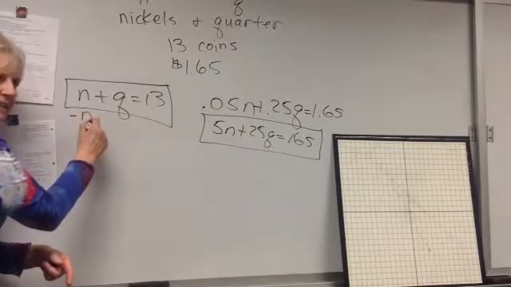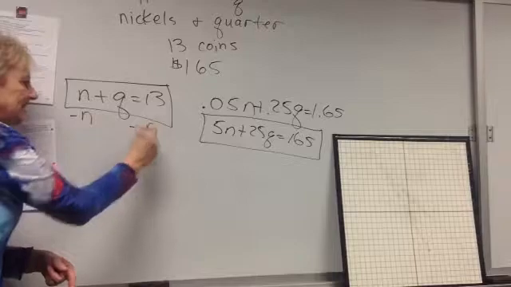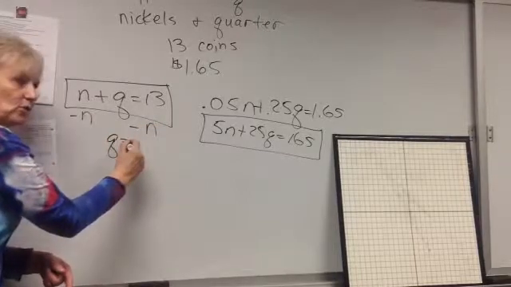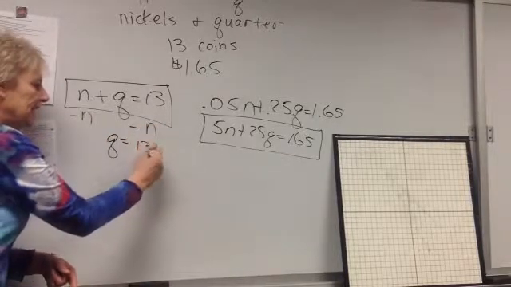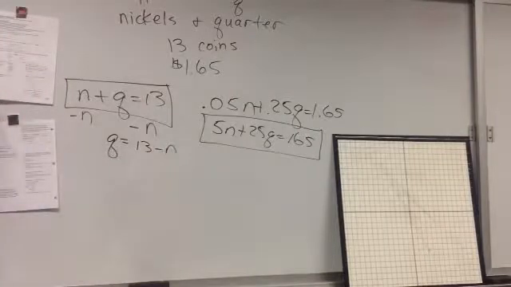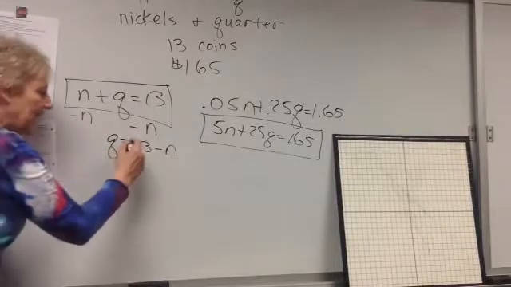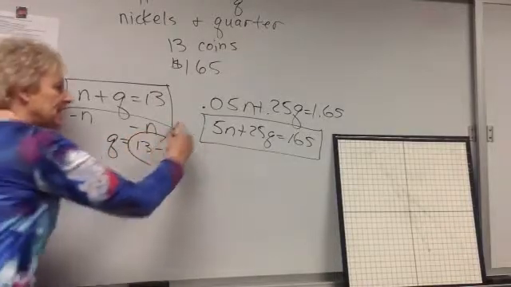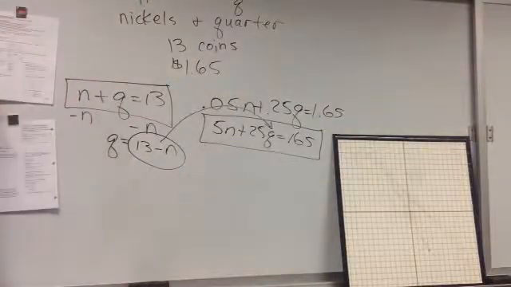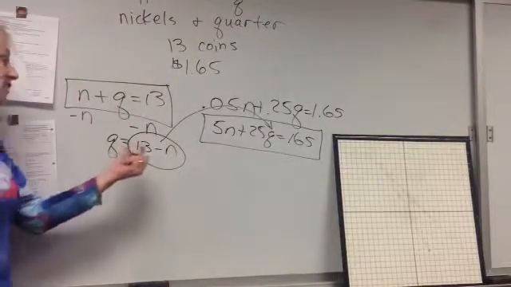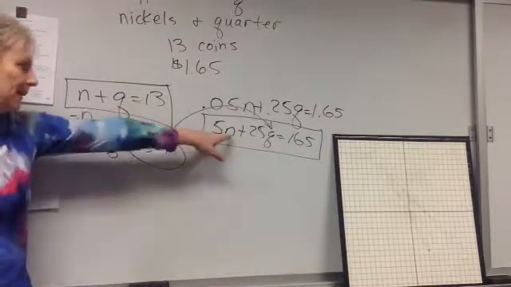Subtract N. Q equals 13 minus N. Doesn't matter which one you solve for. Now I have what Q is, and I can substitute it in for Q. Now if I had solved for N, I'd be plugging it in over here.